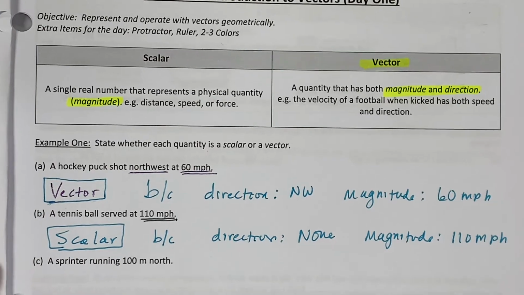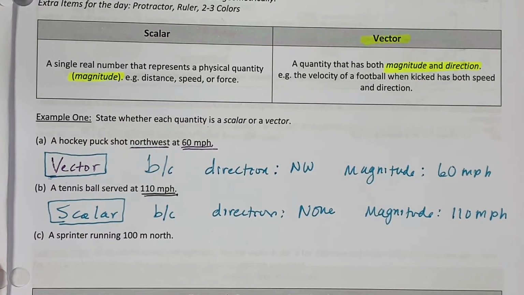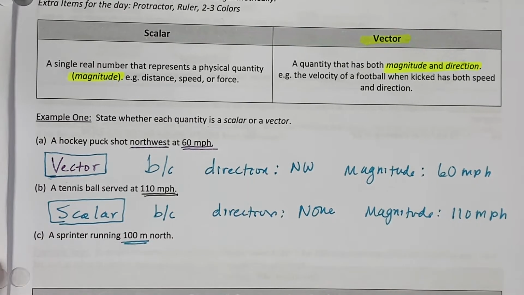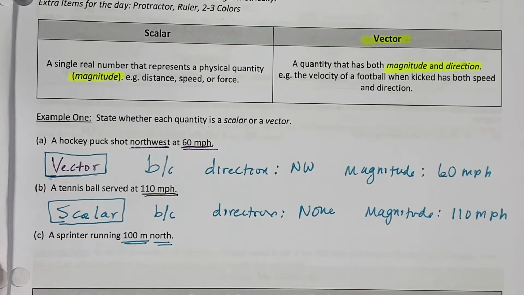I would like for you to pause the video, try letter C, and when you're ready, hit play. So a sprinter is running 100 meters north. 100 meters represents our magnitude because it's a distance, and north is the direction he is running.